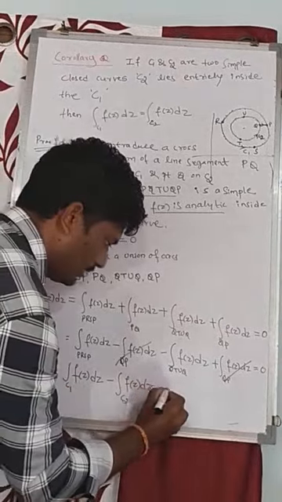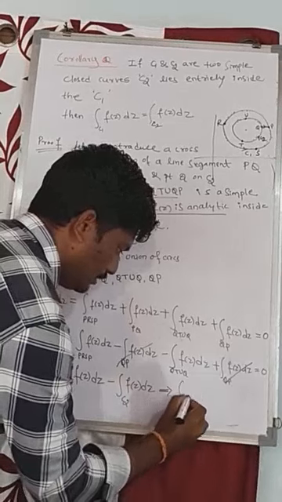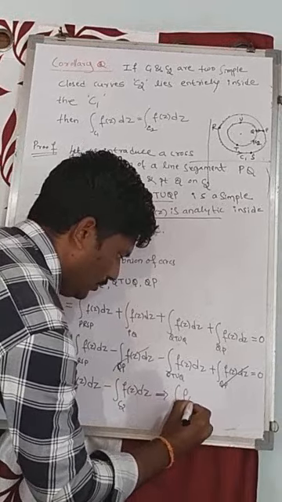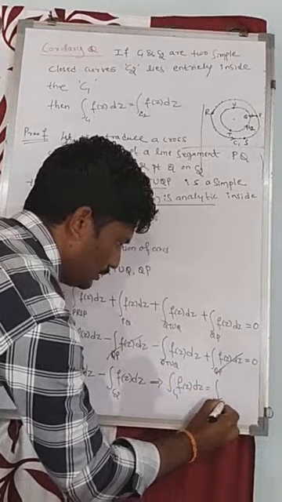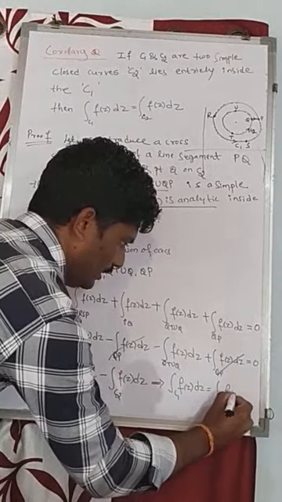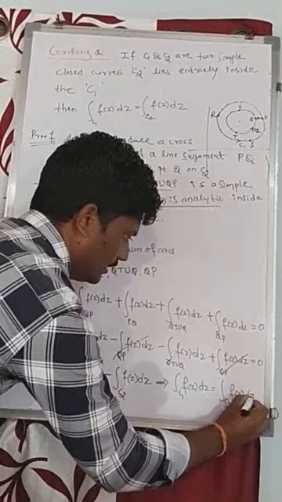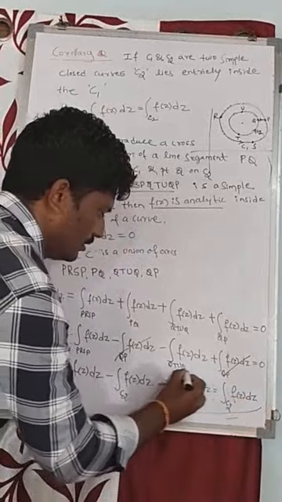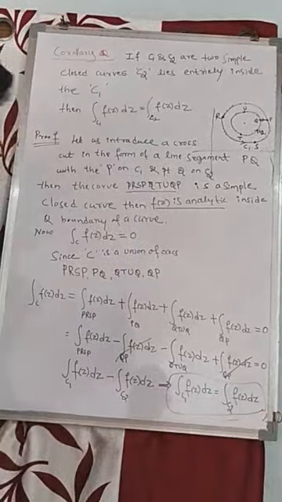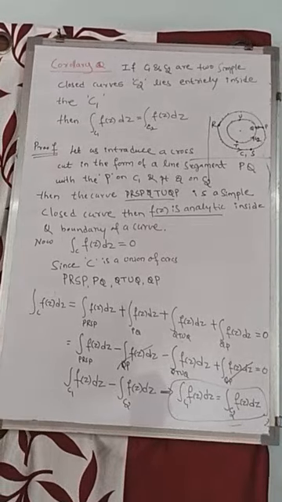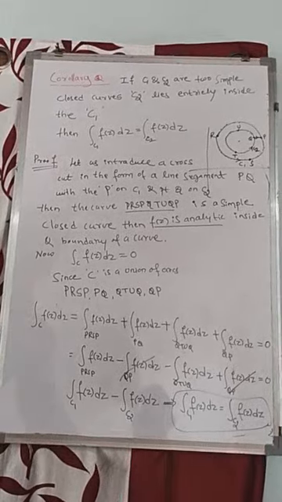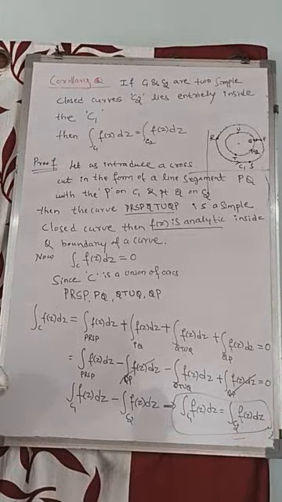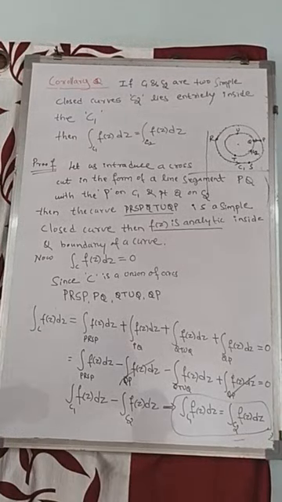This implies integration C1 of f of z dz equals integration C2 of f of z dz. This is the final formula. Next, we shall discuss Cauchy's integral formula. Next theorem, next class.